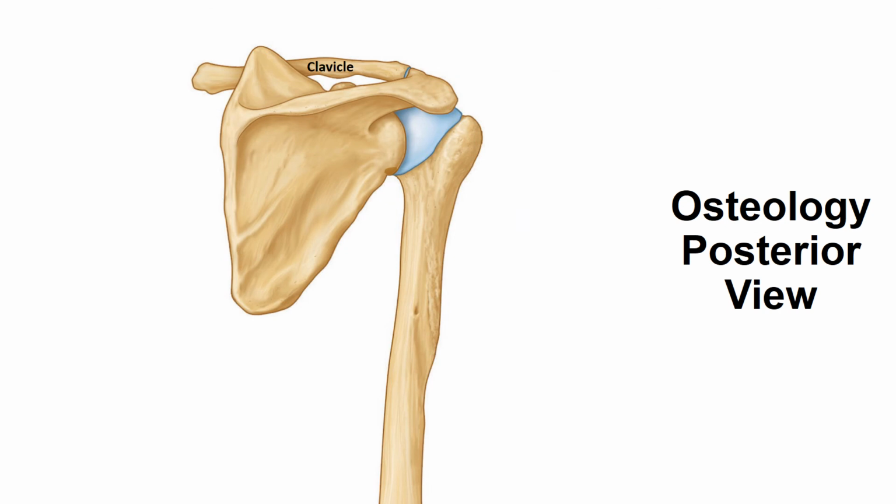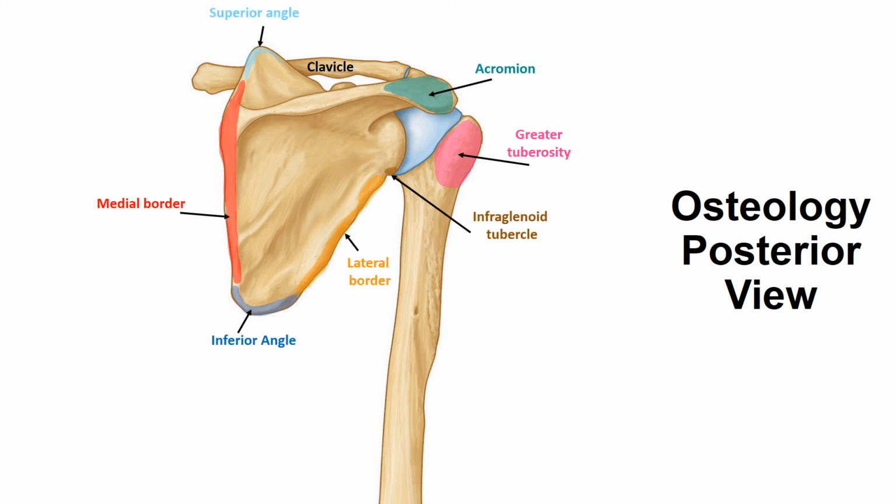Moving on to the posterior side, we still have our greater tuberosity on the humerus that we can see. Deltoid tuberosity is going to be very difficult to see. The lesser tuberosity and the intertubercular groove are going to be impossible to see. But you still have that head of the humerus sitting within that glenoid fossa, or the cup, the ball and socket of the shoulder.